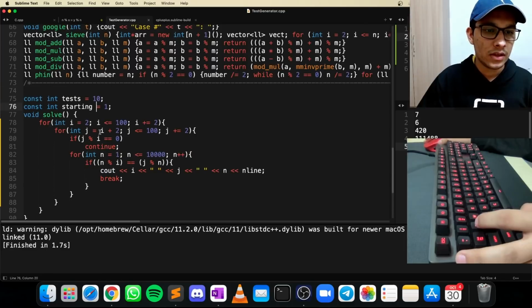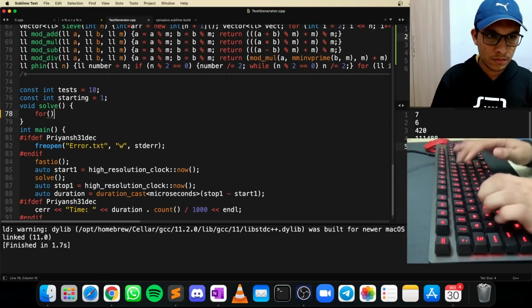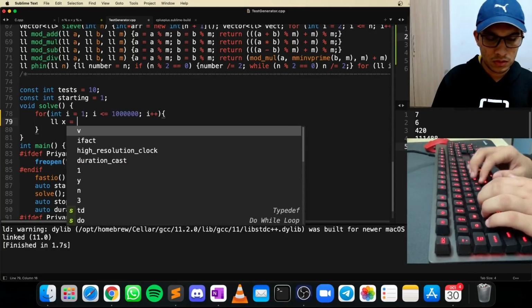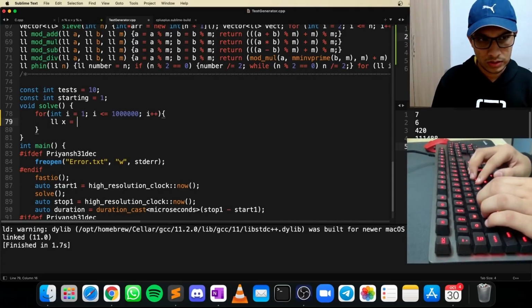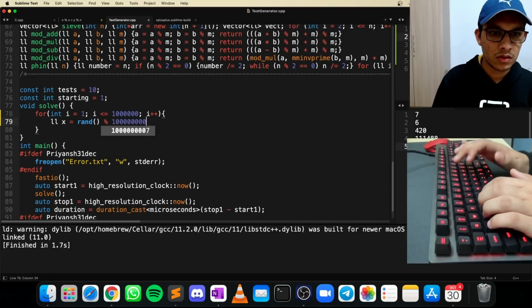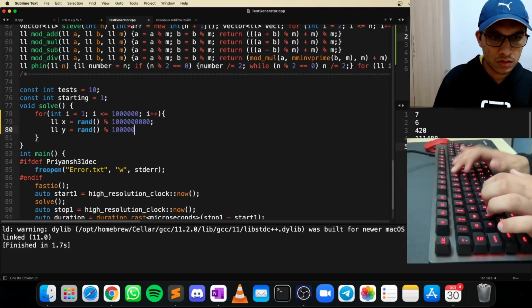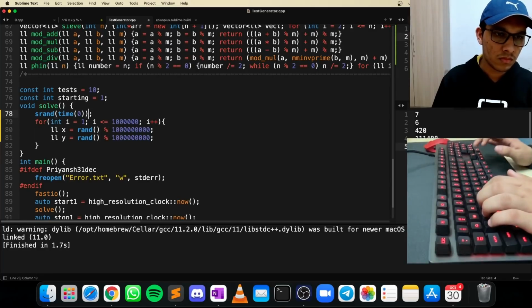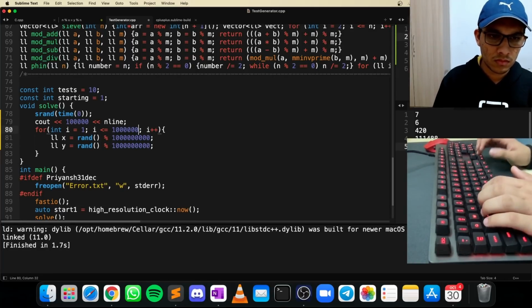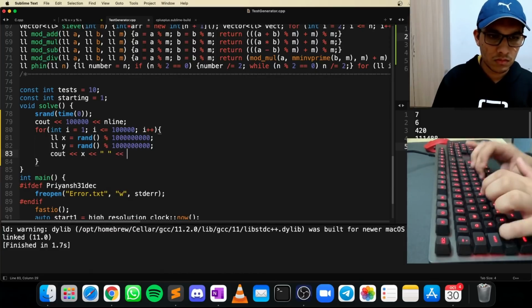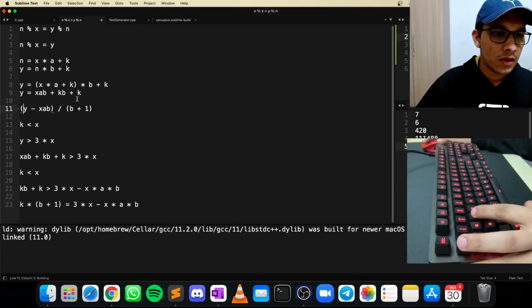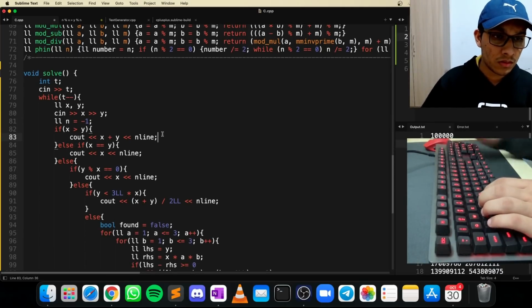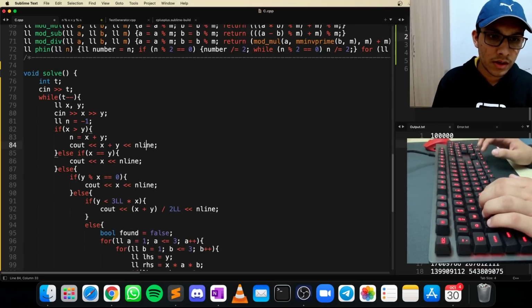Let's try out very random cases. Okay, so I need to check this n, right? n equals x plus y.